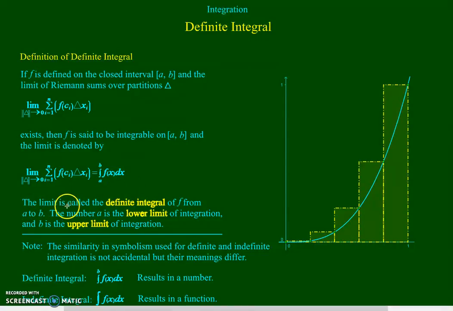With this limit, the definite integral of f from a to b, with a as the lower limit and b as the upper limit, results in a number, as opposed to the indefinite integral, which is the antiderivative and results in a function or family of functions. So the definite integral gives us the area under the curve, and the indefinite integral gives us a family of functions. So let's see if we can put this into practice.